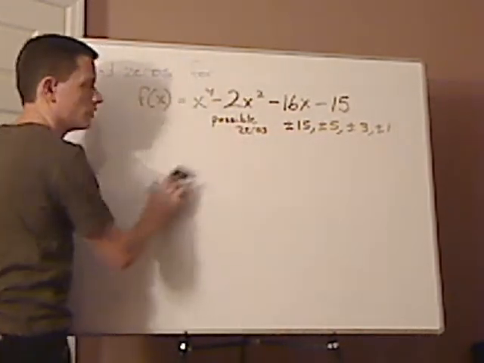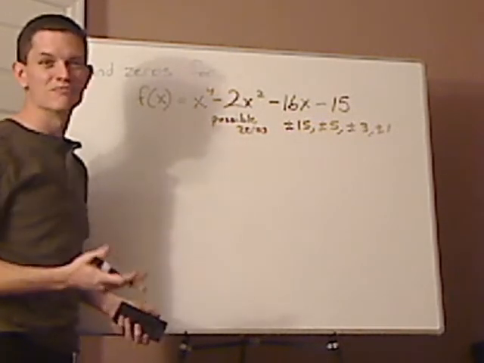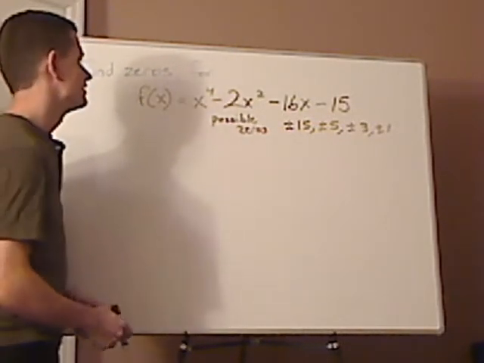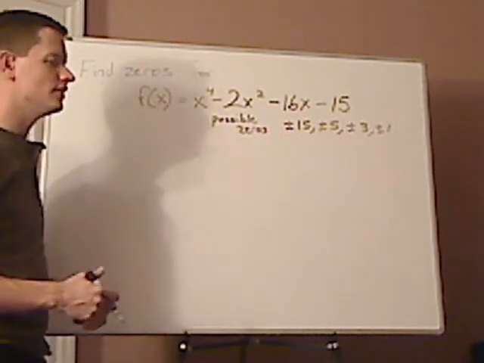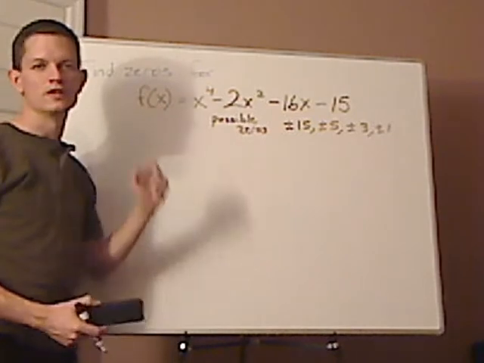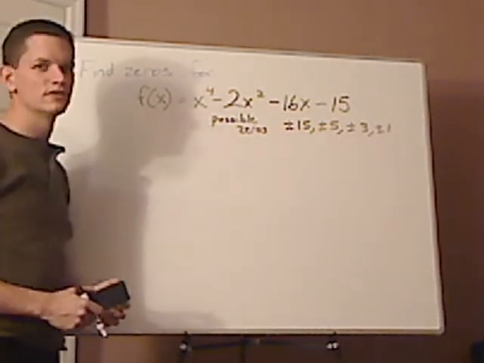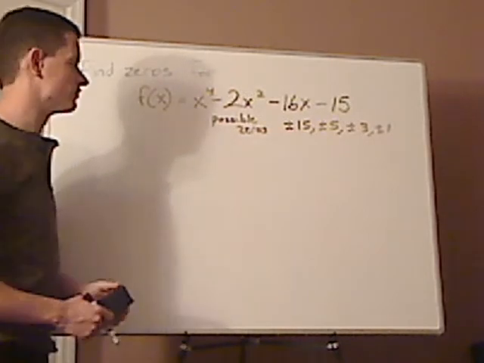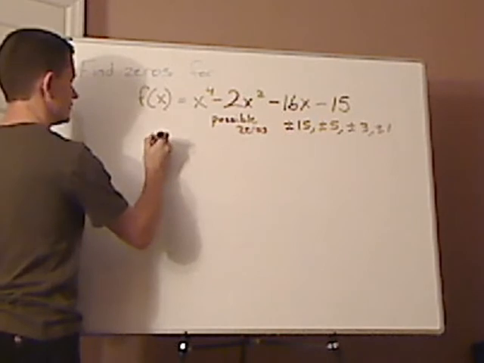Alright, with a problem like this you've got about 8 possibilities that you've got to plug in, until you get enough to break this down to where you can factor or use a quadratic formula. My advice: use the quadratic formula when you get to a degree of 2. So use synthetic division.